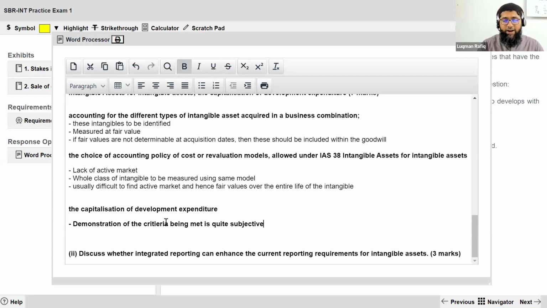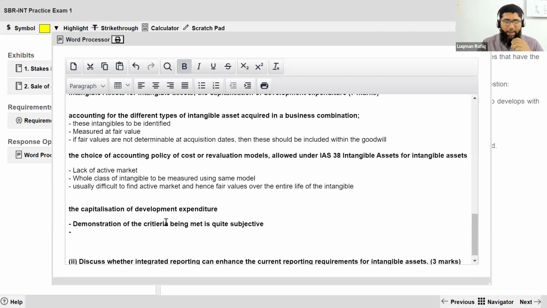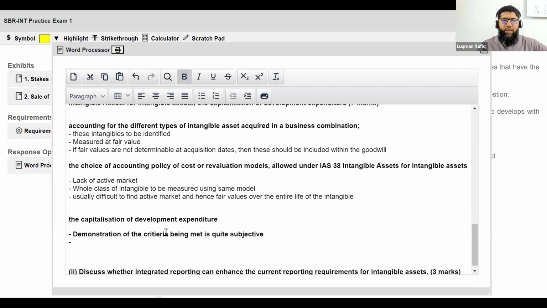Again, you don't have to write down the answers like this. I'm just listing down the pointers to make things easy for you. In the examination, it has to be short paragraphs.